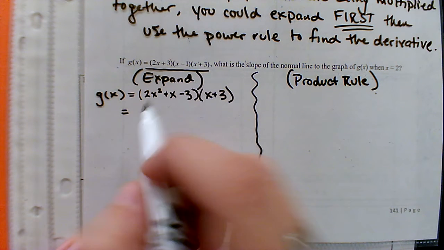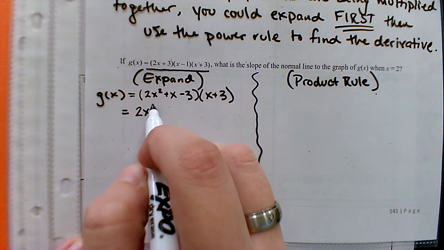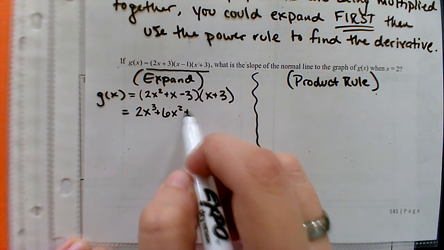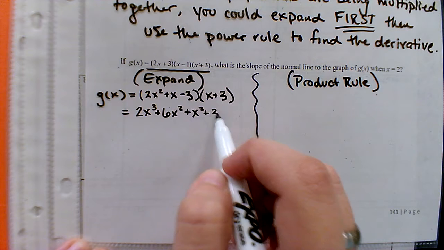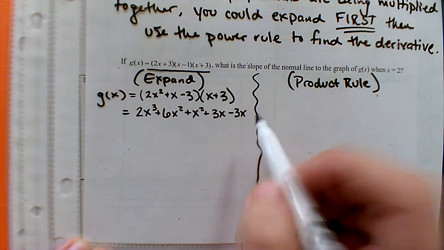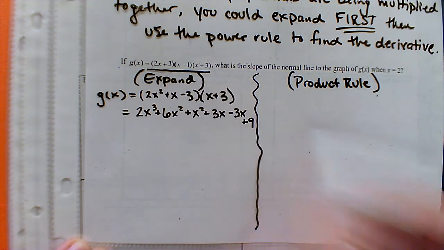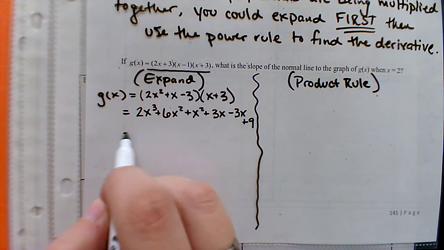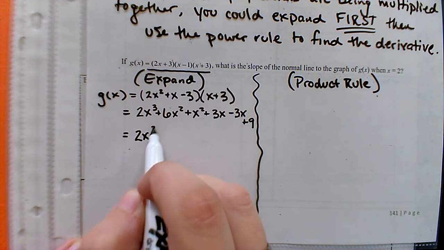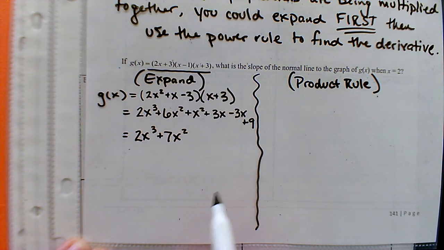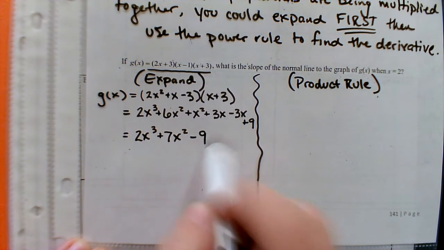So a little bit more distribution to be done. And looks like we have some like terms. The 3x's are actually going to go away, which is nice.